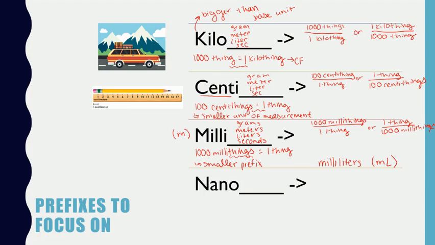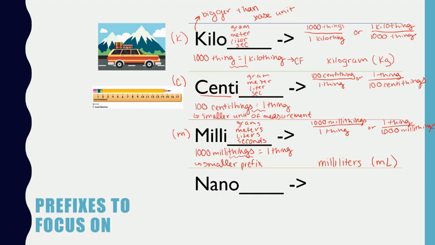Likewise, if we want to represent the prefix centi, here we're going to use a lowercase c, and kilo, we're going to use a lowercase k. So, like for kilo, if we have a kilogram, that would be the same thing as kg, where the k tells us that we have kilo and the g tells us we're measuring in grams.